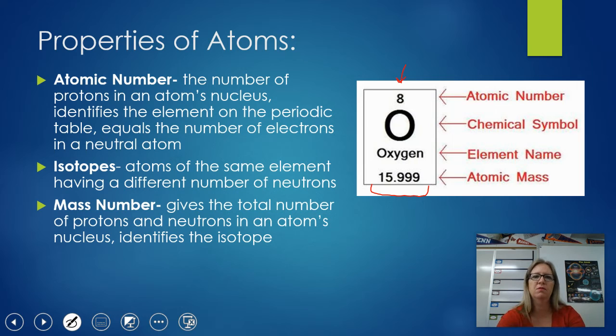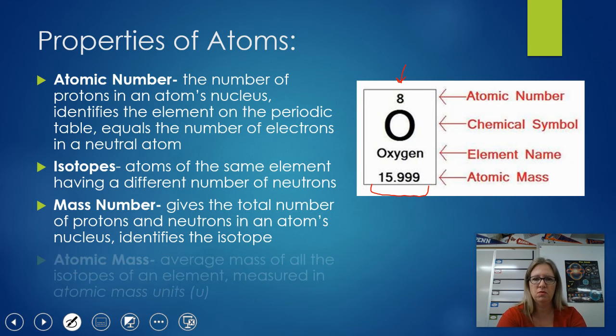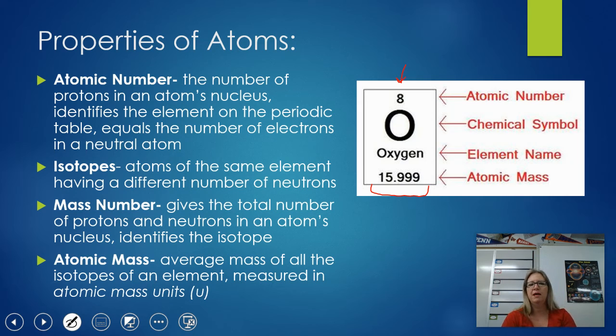So that mass number identifies the isotope, and it allows you to figure out how many neutrons there actually are. Well, the more neutrons there are, the heavier the atom is going to be. So we have this atomic mass, which is actually the average of the common isotopes of an element. Certain isotopes occur more frequently, and so that's taken into account for the measurement of that atomic mass, okay?